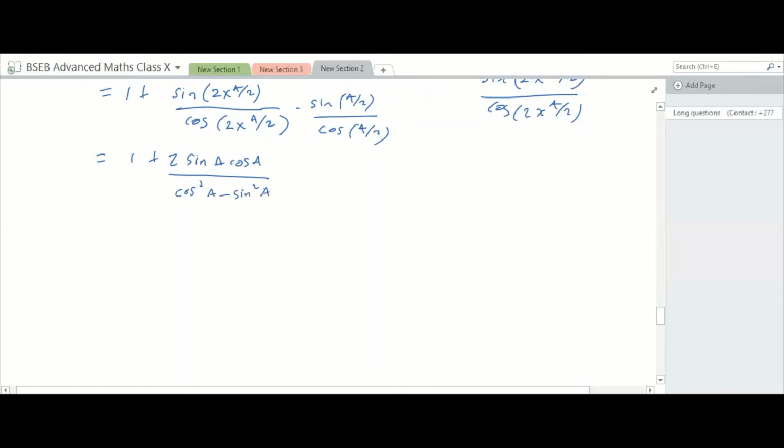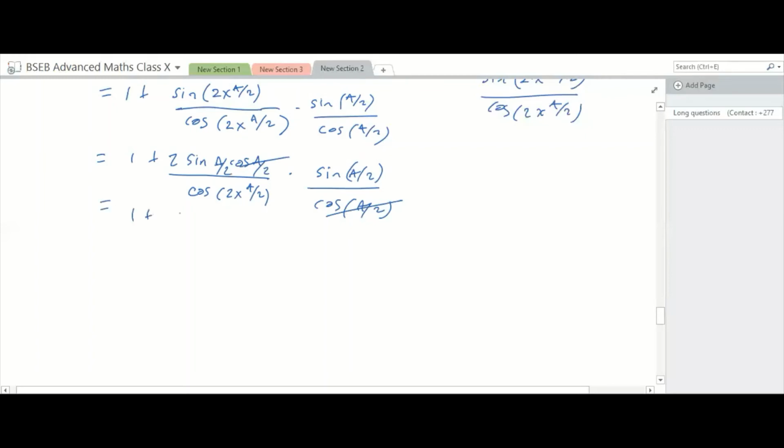I suggest let us just leave this denominator as it is, which is cos of 2 times A over 2, times sine (A over 2) divided by cos of A over 2. And cos of A over 2 cancels out.